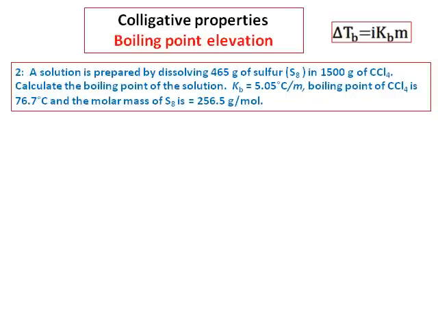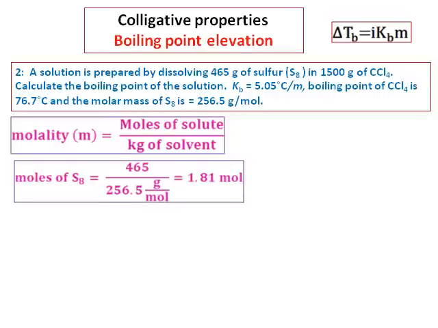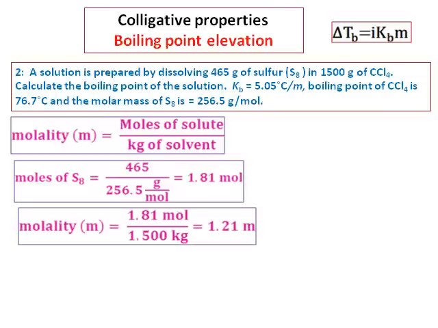So in order to calculate the boiling point elevation, I need to first get the molality with the formula moles of solute divided by kilogram of solvent. So I need to get the moles of S8. I have the mass of sulfur, so mass divided by the molar mass gives me the moles of sulfur. Once I get the moles of sulfur, I calculate the molality.